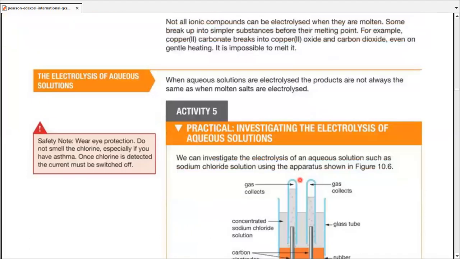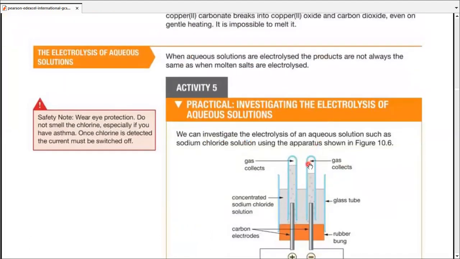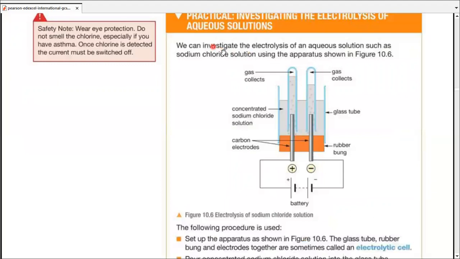Moving on, electrolysis of aqueous solutions. Now, aqueous solutions are electrolyzed in a similar way, but the chemistry behind it is not the same. So electrolysis of molten salts and electrolysis of aqueous solutions of salts are different. Why are they different? Let me clarify.